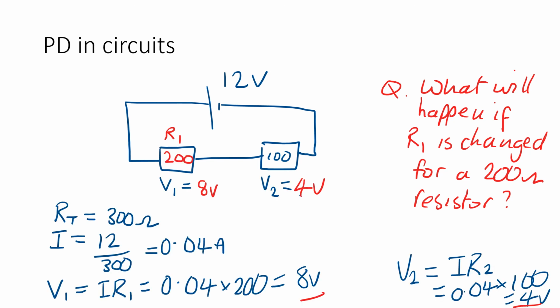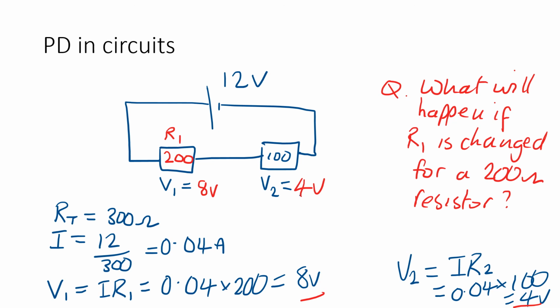So we can do a similar thing to before. We can calculate the total resistance in the circuit, which is now 300 ohms. We can calculate the current in the circuit, which is 12 volts divided by 300, which is 0.04 amps. And we can then use V equals I times R to calculate the potential difference across each component.